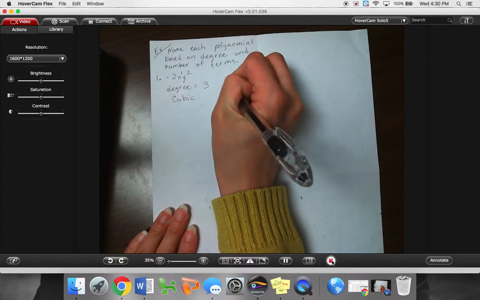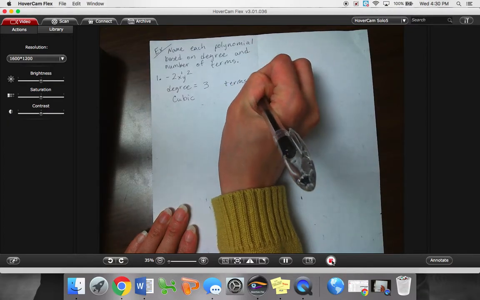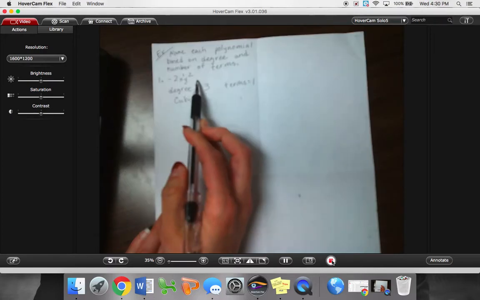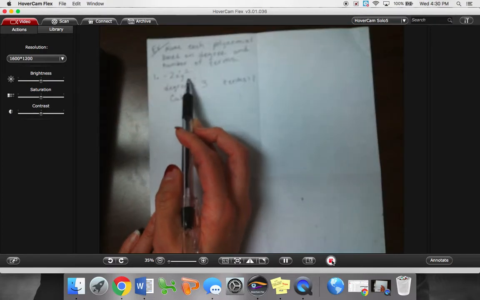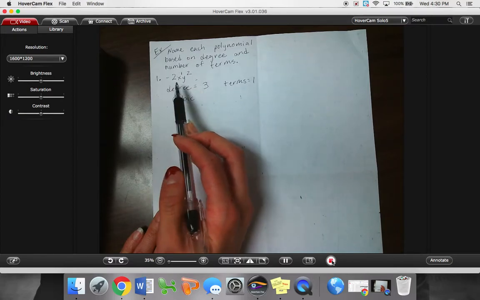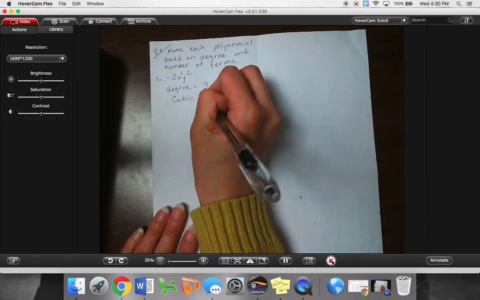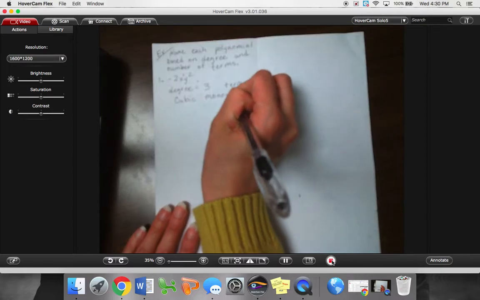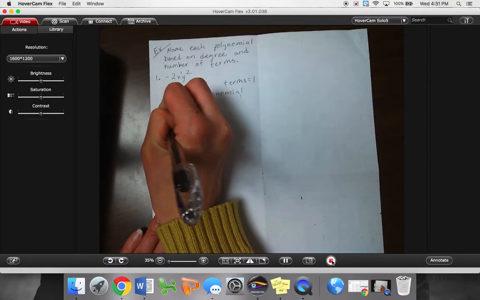The number of terms is 1 because there's no plus or minus sign. There's a negative, but that doesn't count as a minus sign. So there's a single term, and so this is called a monomial, a cubic monomial.